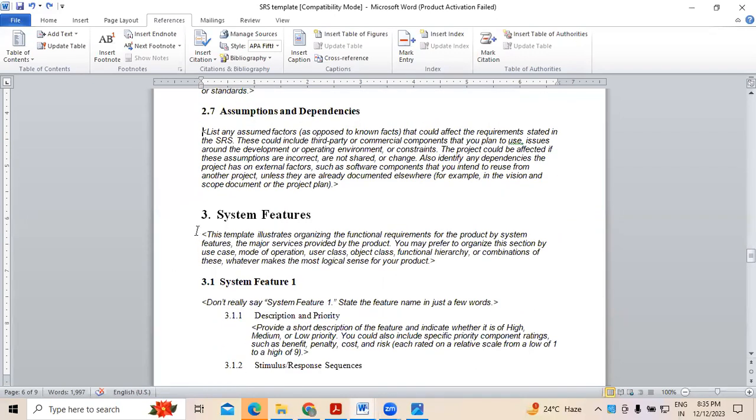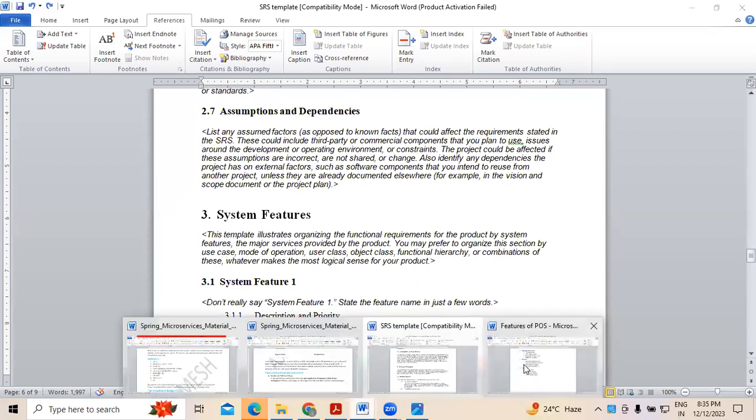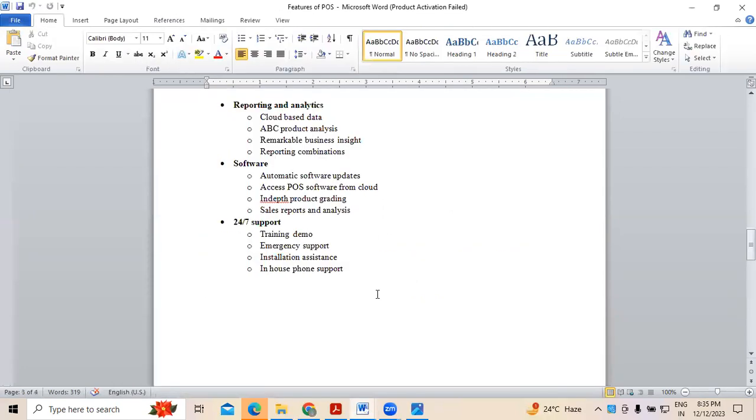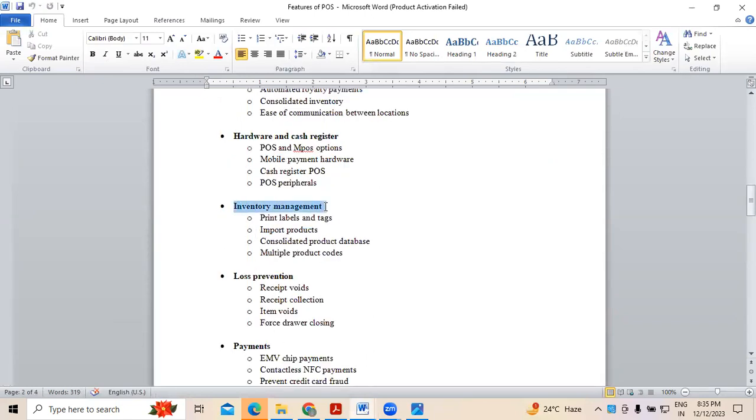Next, the third one is about system features. I told you sometime back, right? For example, these are the features. For example, the feature called inventory management. If you want to enable this feature, what is required? There is a functionality of printing labels and tags.